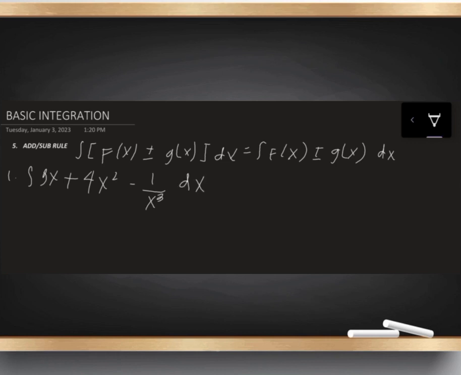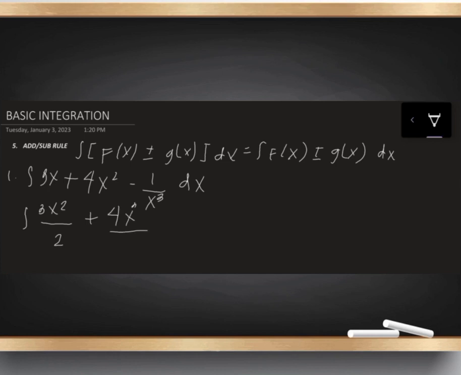So in this problem, we can use the power rule. So let's apply the power rule. So it will be 3x. Since x is raised to 1, plus 1, it will be 2. It's raised to 2 over 2. Then 4x. So 2 plus 1 is 3.